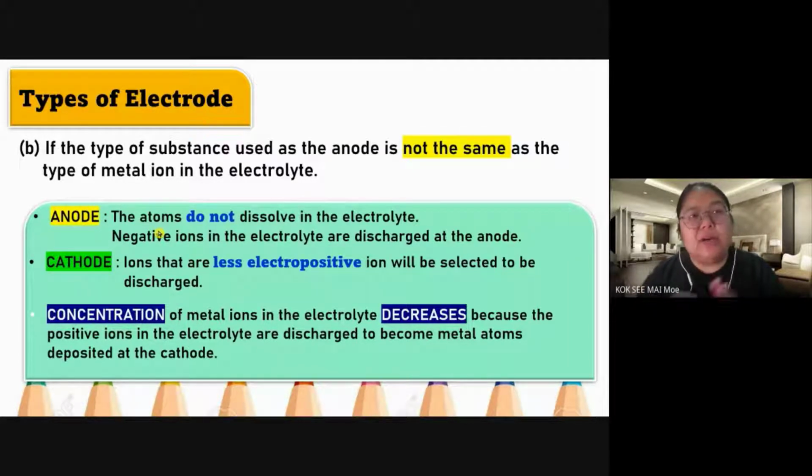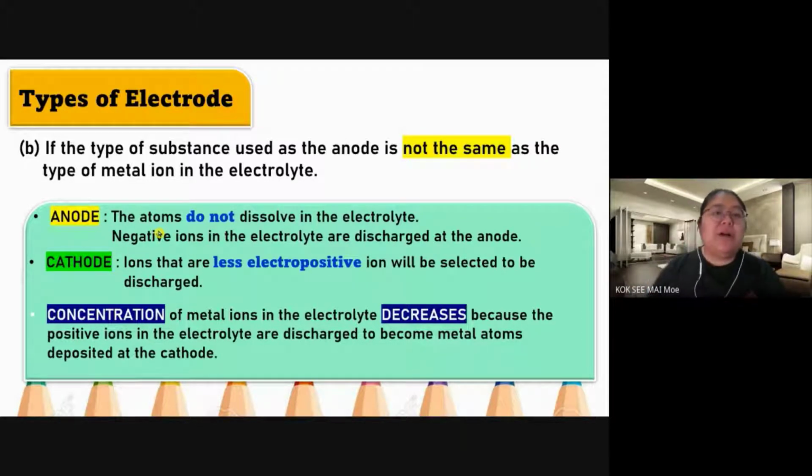So finally the concentration will drop. So this is the difference if the electrode is not the same as the electrolyte. Okay, I understood. The electrode is the iron part joined to the cathode and anode, positive and negative. The electrolyte is the solution in the beaker.